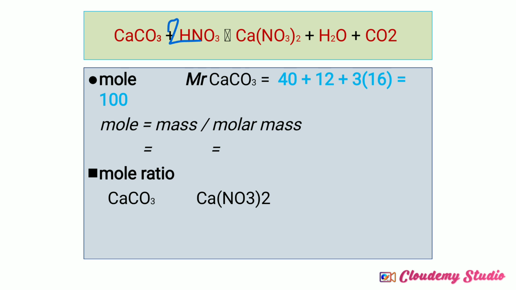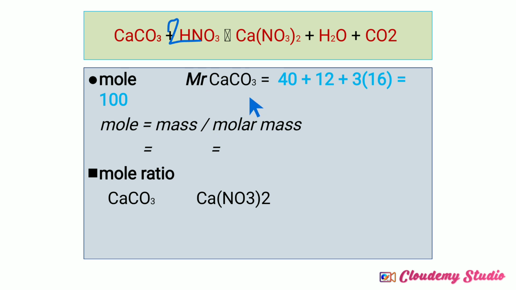So the first step after balancing the equation, what has to be done? The mole has to be calculated. The formula to calculate mole is mass divided by molar mass. So first of all we need to calculate the molar mass, that is the molar mass of calcium carbonate.